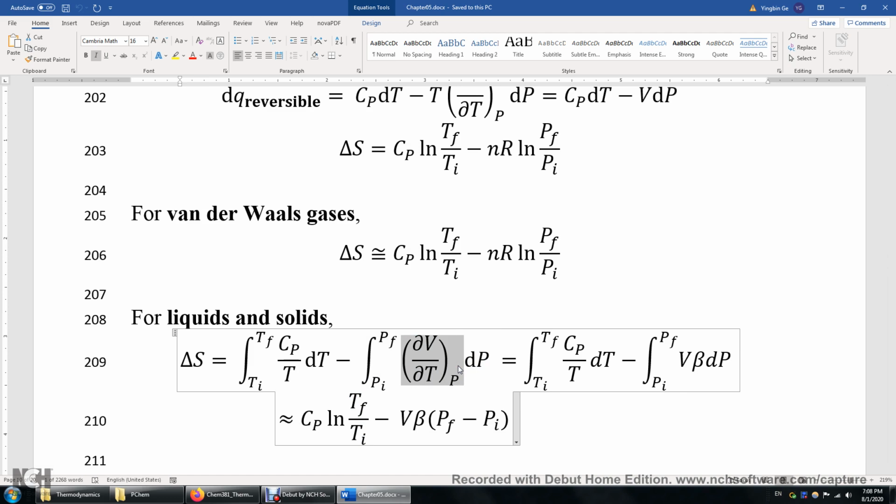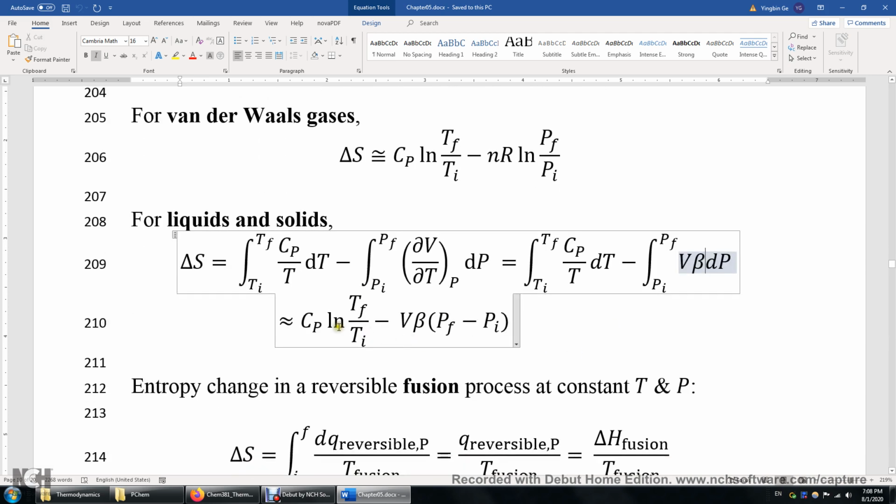So beta is 1 over V times this derivative. Therefore, this derivative is simply V times beta. We plug it in. Beta is roughly a constant for liquids and solids. And then we have the final expression for the entropy change of liquids and solids. It's Cp times the logarithm of the ratio of temperature minus the volume of the liquid or solid times beta times the change of pressure.